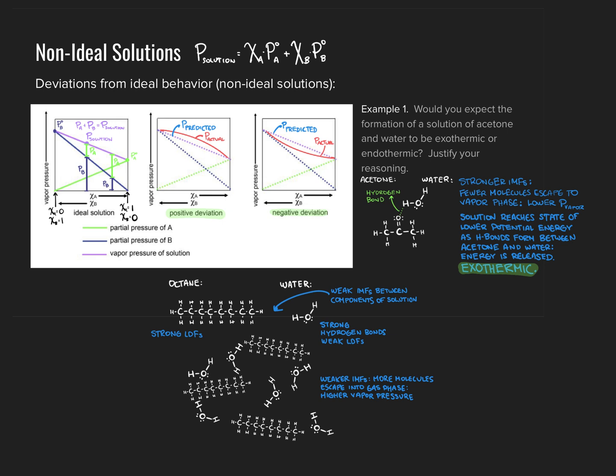Conversely, for a solution which is composed of components which are very poorly attracted to one another via IMFs, we'd expect to see then a positive deviation from ideal behavior, because the IMFs within each individual solvent would be essentially disrupted by the presence of the other components of the mixture, thus weakening those forces of attraction and allowing more of the molecules to escape into the gas phase, leading to a higher vapor pressure than would otherwise have been predicted by Raoult's law.